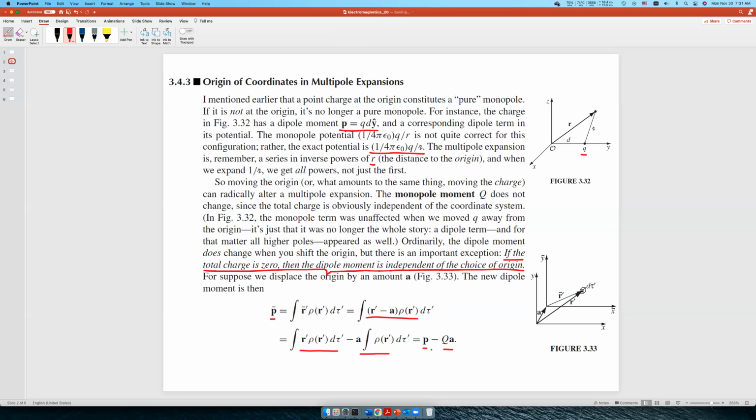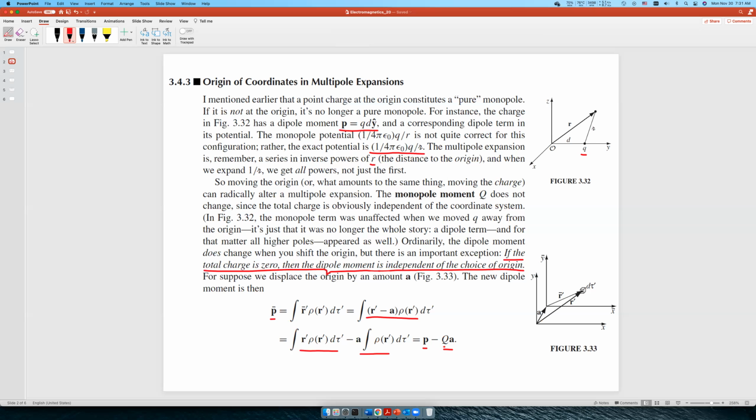And now this is a relationship between the dipole moment in the new coordinates and the dipole moment in the old coordinates. The difference between them is Q a. So a is a vector.